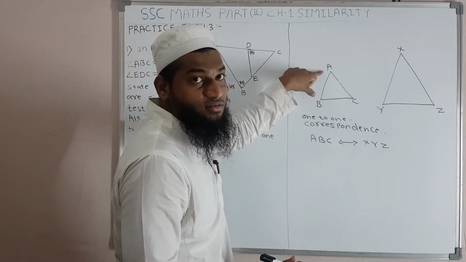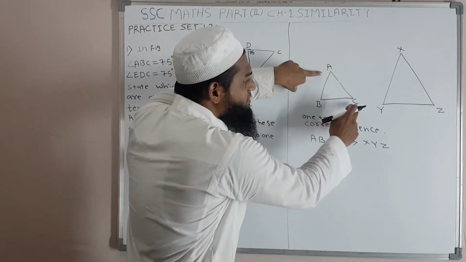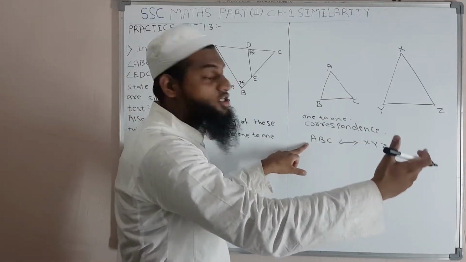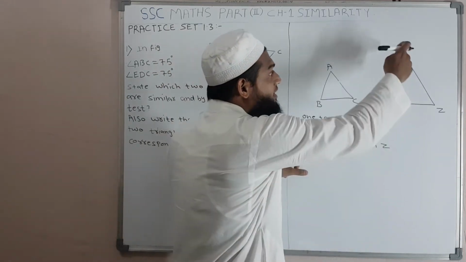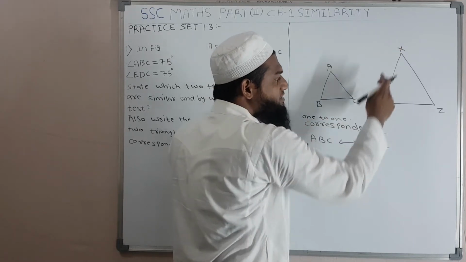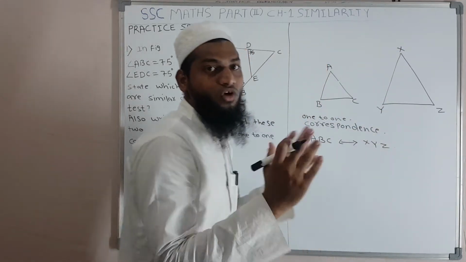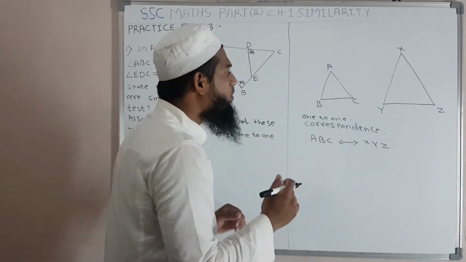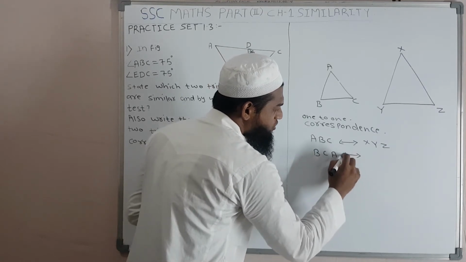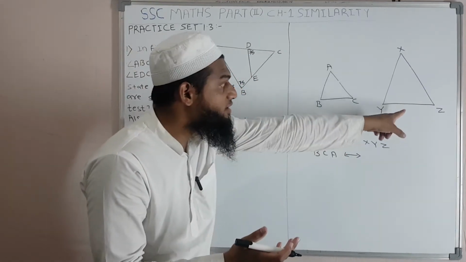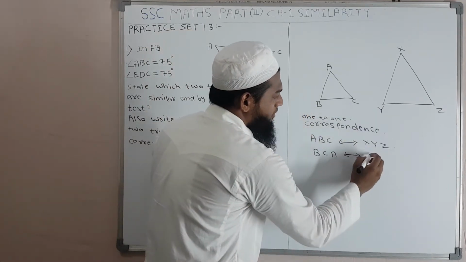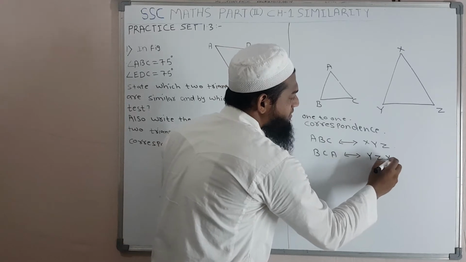If we start from here, ABC, then according to correspondence, the name of the second triangle will start from here, XYZ. For example, if we write BCA corresponds to, we will start from Y, then we get YZX.